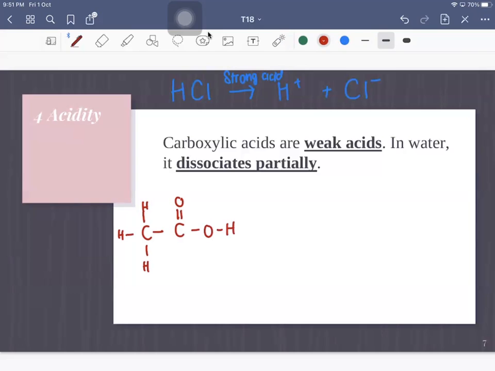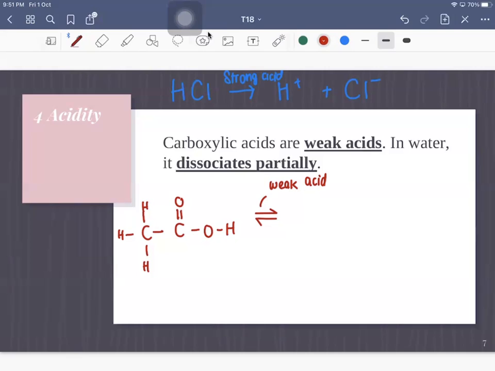So dissociation of a weak acid is usually represented by the reversible arrow. So this is for weak acid. Now, we're going to dissociate it the same way we've done for HCl. You have not covered this topic on dissociation of acids yet, that's why I'm going to break it down slowly for you.